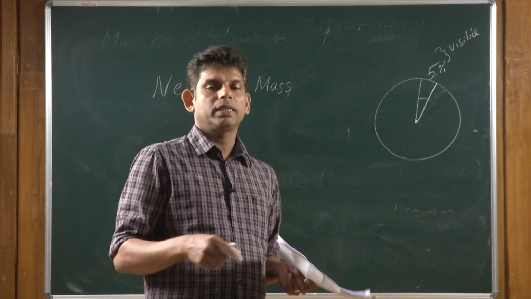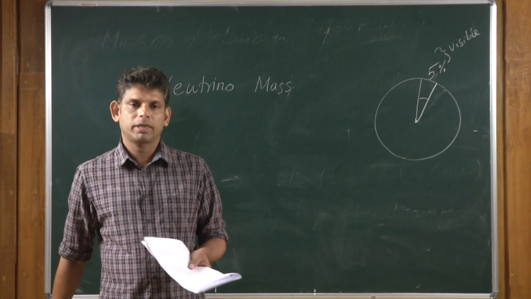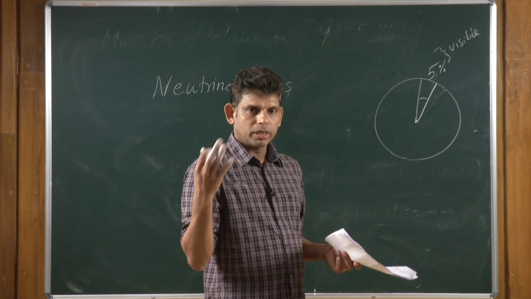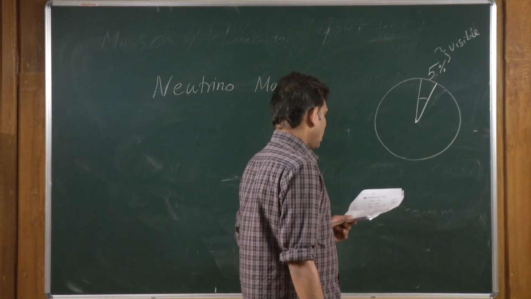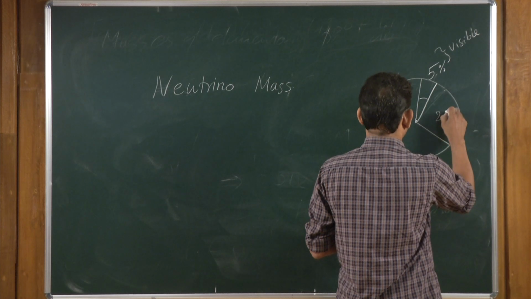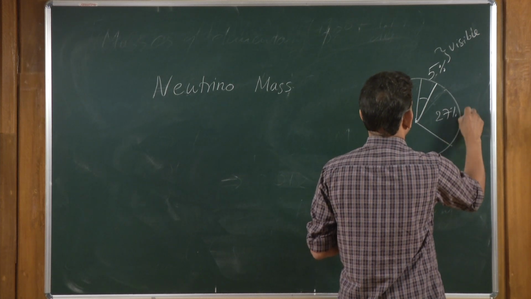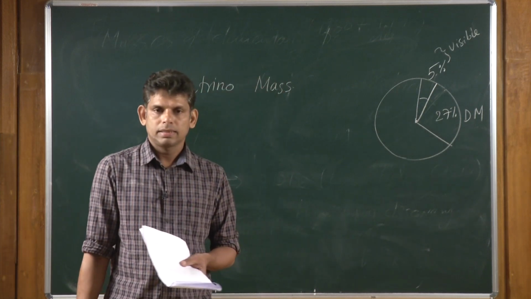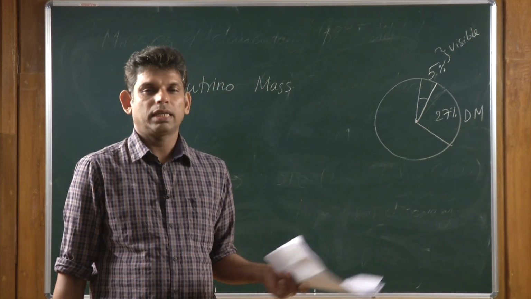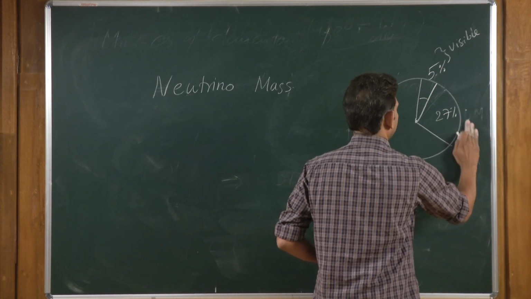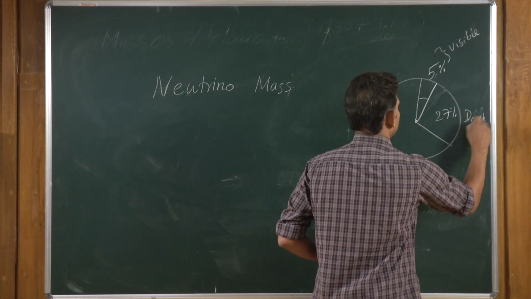When I say visible, it includes the whole spectrum of electromagnetic radiation that we can see with our naked eye, with our instruments, etc. Something like 27% is again supposed to be matter, and that is not seen. That is called dark matter. So, let me write it as dark matter.